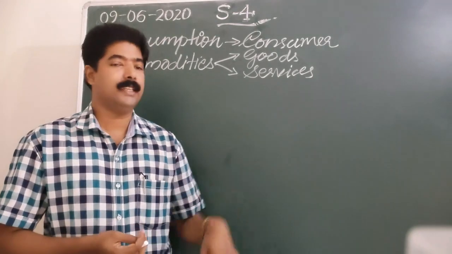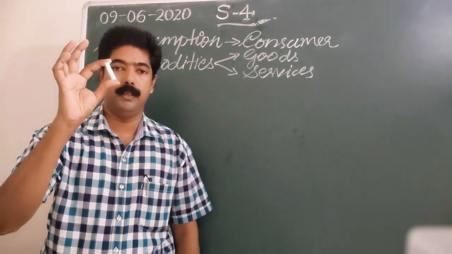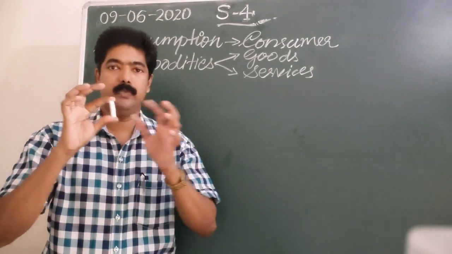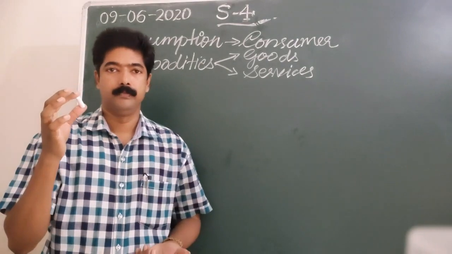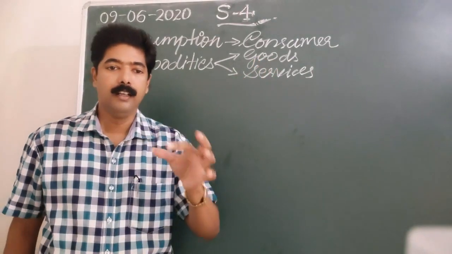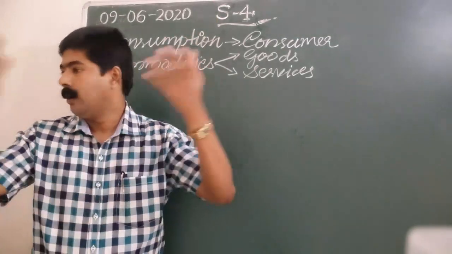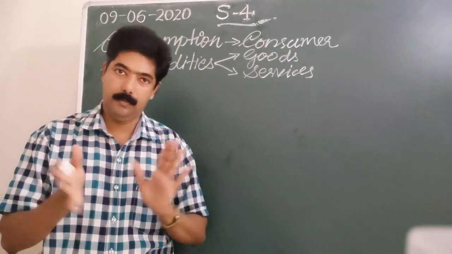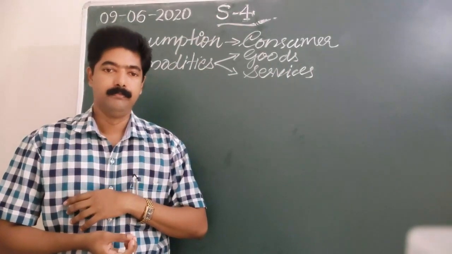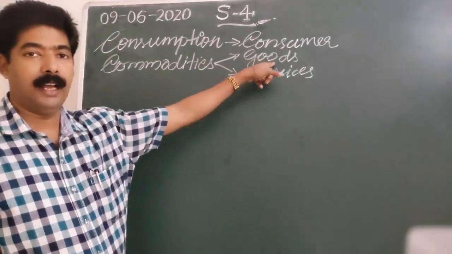This chalk piece is tangible, which we can see, touch and use. So goods are tangible or material things, all the things around us. Tangible is a very simple term. Those commodities are termed as goods.